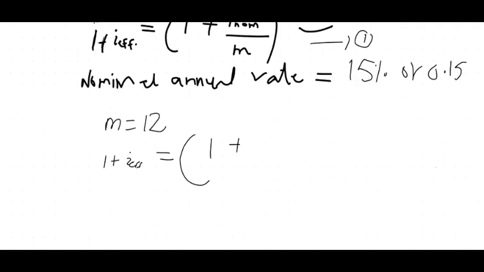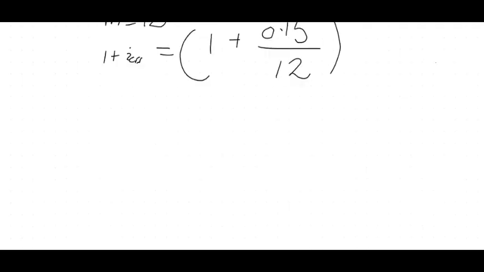Now we have to simplify the equation. We have 1 plus 0.0125 to the power of 12, which is 1.0125 to the power of 12.